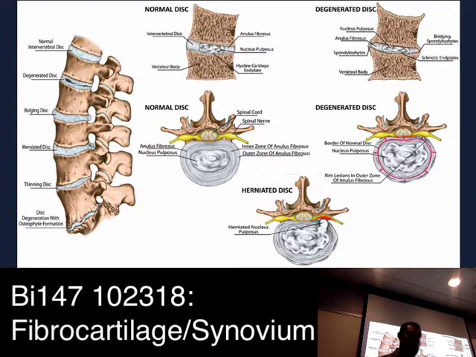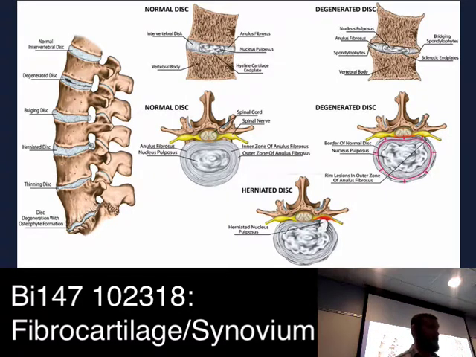Other cases require surgical intervention, and those can run from the mild, like say you don't have a hernia, you just have a bulged disc. You can get your disc shaved. You can shave a little bit of the fibrocartilage off of there and relieve some of the pressure on the nerve, up to surgical resection of the disc and spinal fusion.